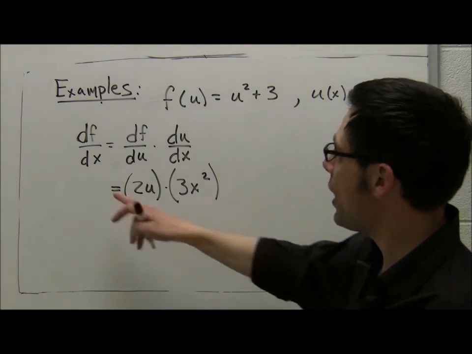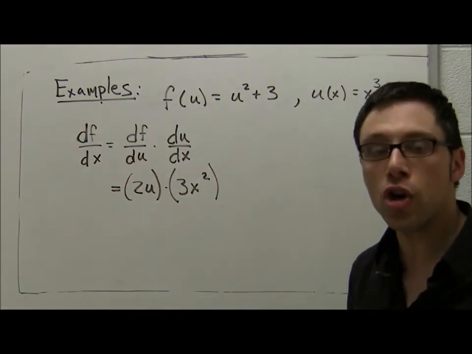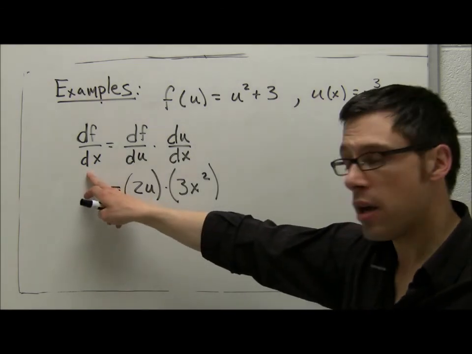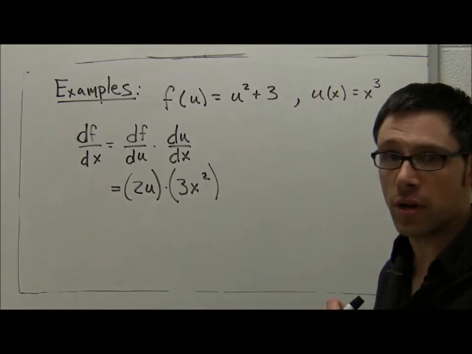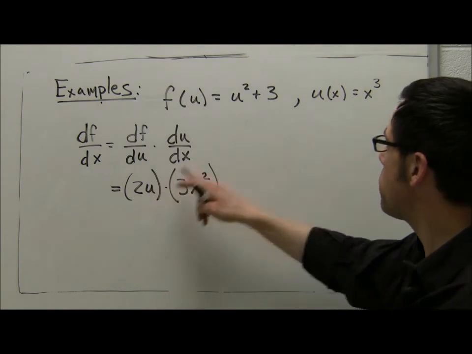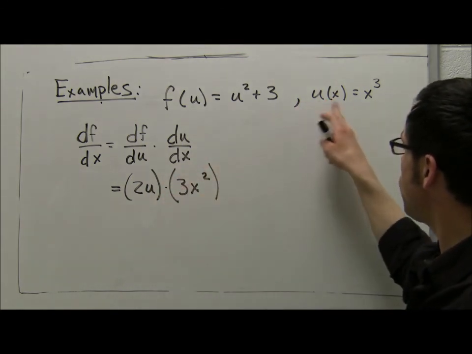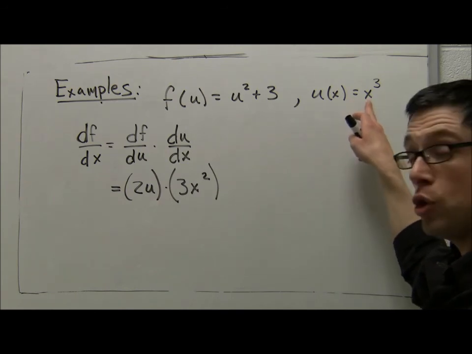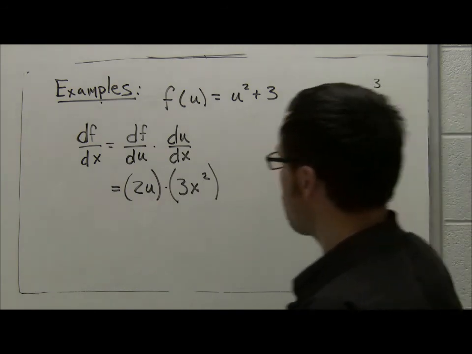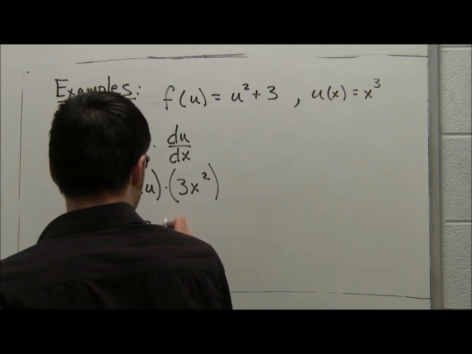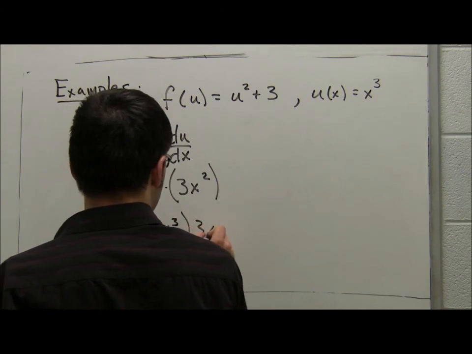Now recall that I'm looking for the derivative as a function of x. So I want this all in terms of x's down here. And so to do that, all I do is replace u with its rule in terms of x, which is I cube the input, which is x cubed. So I rewrite this as 2x cubed multiplied by 3x squared.